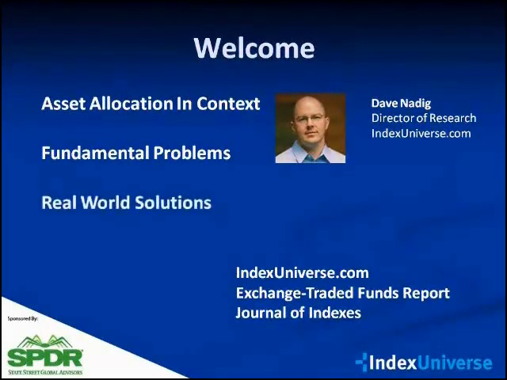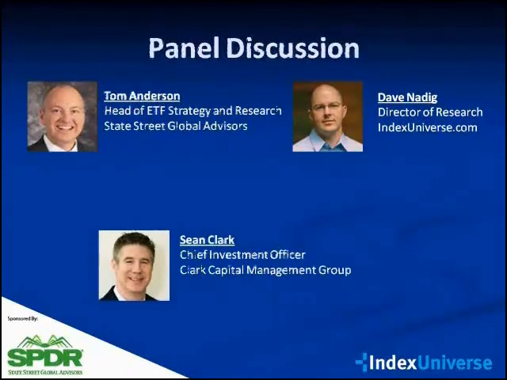But then we'll talk a little bit about solutions and how some advances and some new thinking might help you build better portfolios, better manage risk, match your portfolios to your expectations. My hope is that by the time we're done, you can walk away with some real-world practical solutions for your asset allocation dilemmas. Obviously, there's no right answer for every investor or for every client, but I think there are some ways to avoid some of the woolly thinking that plagues so many people in the asset allocation process.